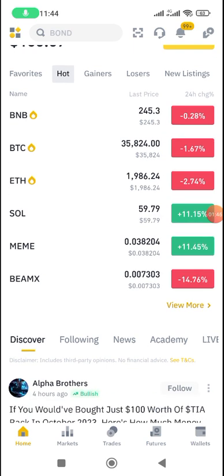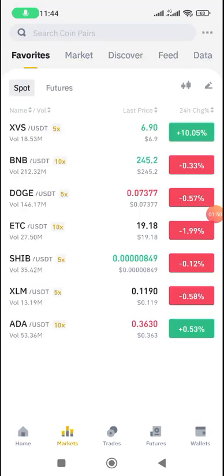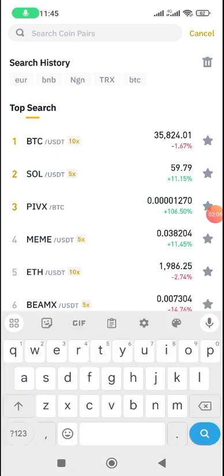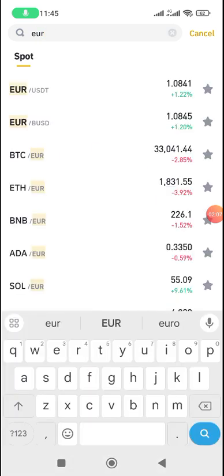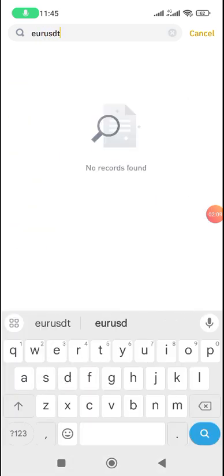Also, you can trade euro. Those euros won't appear in your Binance account as USDT. They will appear as euros. If you convert through the Binance method, it's smaller. So what you have to do is trade euro USDT.